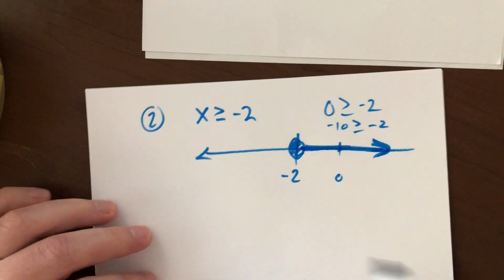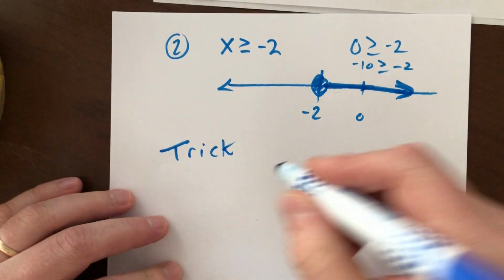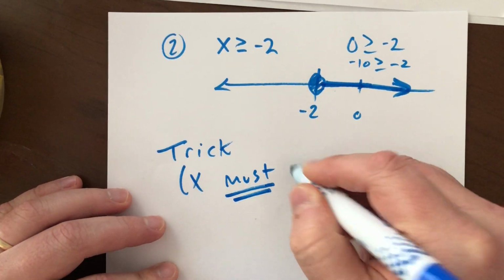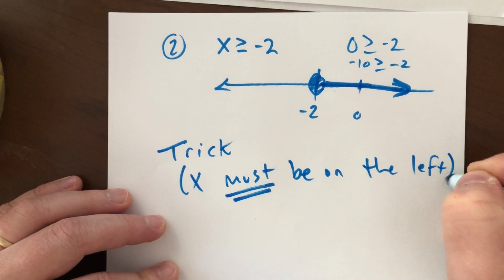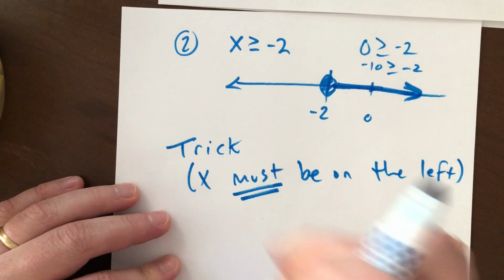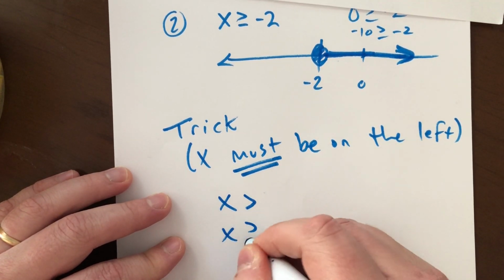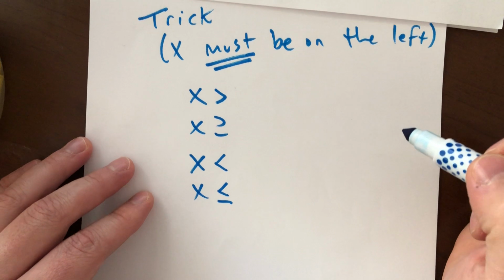So there is a trick. Here's the trick. X must be on the left. If X is on the left, then the inequality symbol is an arrow.